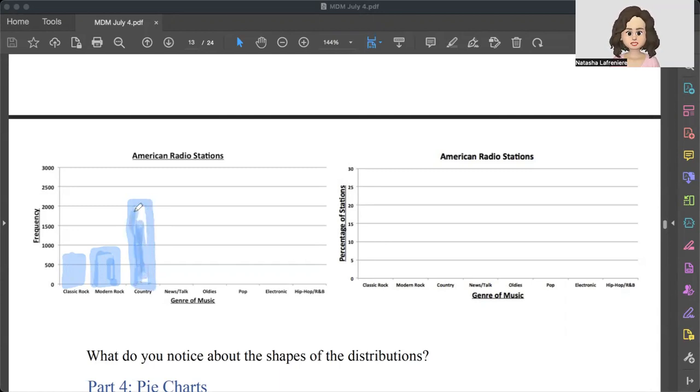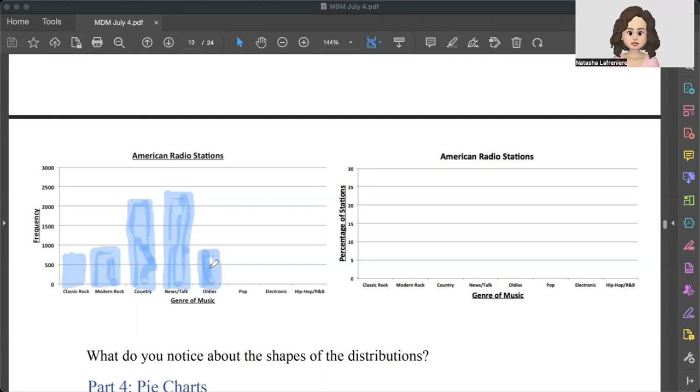You color it in like that, and you keep going. So that goes up here. This is looking at the frequency numbers that we're given in the table. Oldies are a little lower than 1,000.